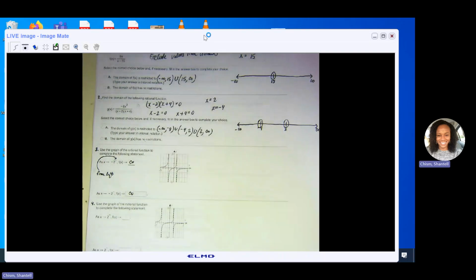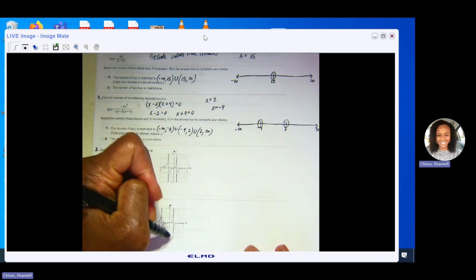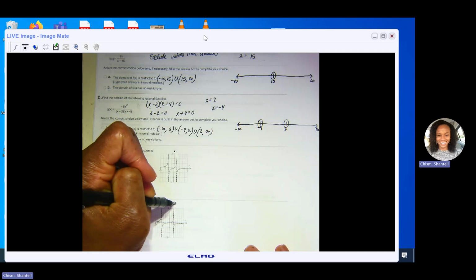Okay? Let's look at this one. A similar graph, or very similar, maybe the same graph. I don't know. So here, as x approaches 2, no, this is a different graph. As x approaches 2 from the left, okay, so here's +2. So this is your +2 asymptote, x equals 2.